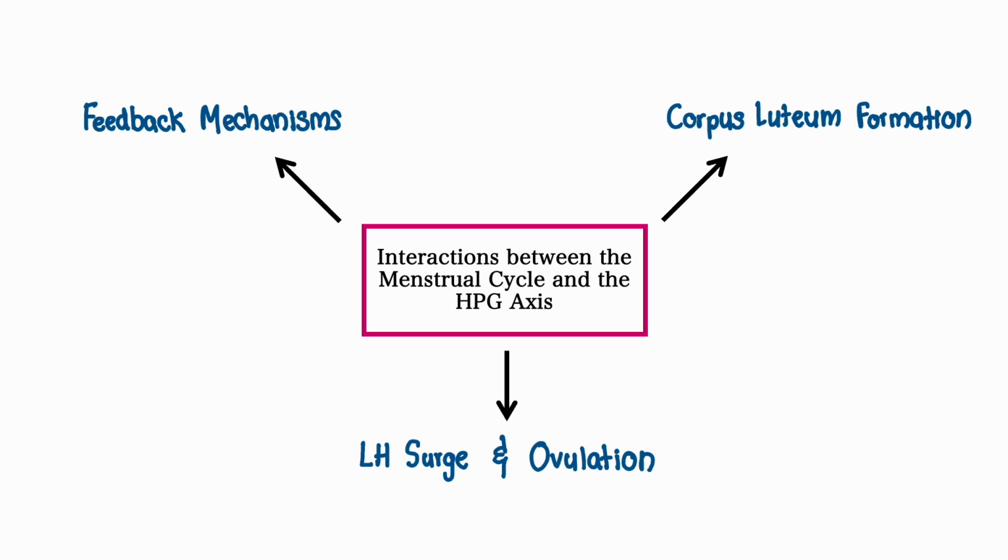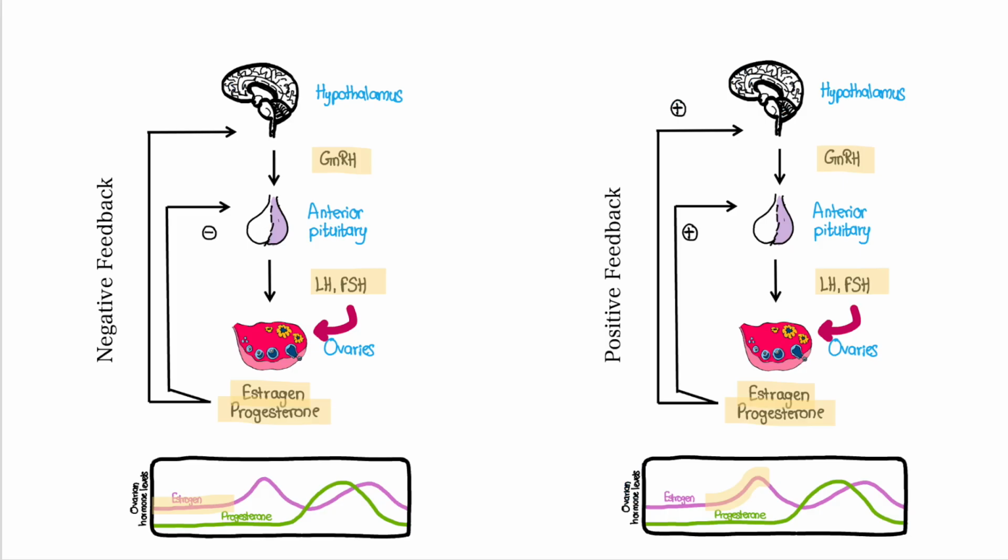Now let's consider the interactions between the menstrual cycle and the HPG axis. Specifically, let's consider the feedback mechanisms, corpus luteum formation, and the LH surge and ovulation. When it comes to the feedback mechanism, let's consider estrogen and progesterone.